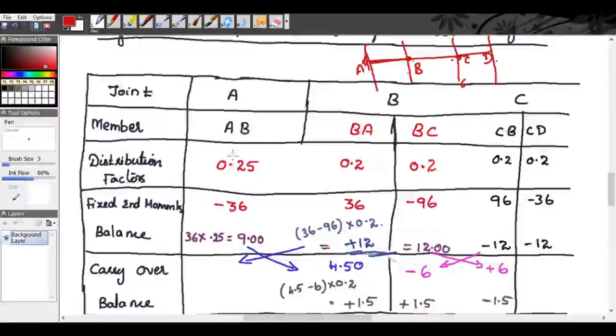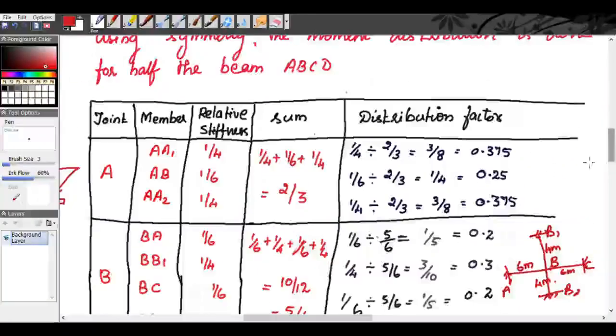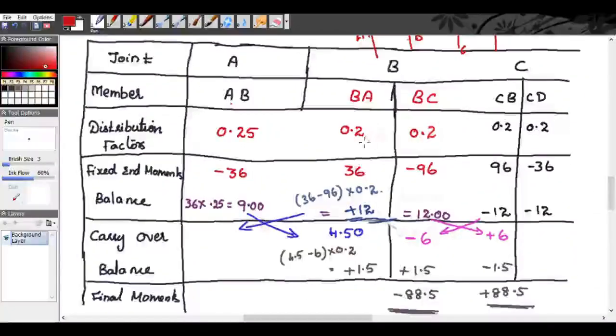So these are the distribution factors. The distribution factor for AB is 0.25, we have calculated here. These columns we are not considering. So the distribution factor for BA is 0.2, for BC it is 0.2. Joint C is similar to joint B, right? So for CB and CD it is 0.2 and 0.2.